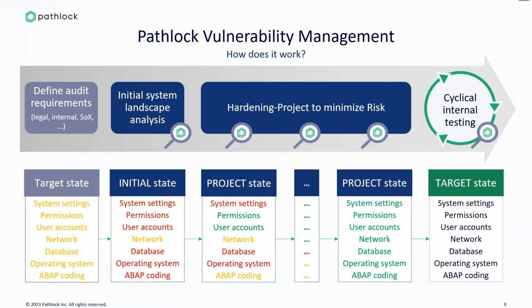Now you have reached the target state. Back to the picture of the office building: now we have the locks on the door, the closed windows, and so on. To achieve the state and to stay continuously on the target state, we make cyclical scans based on our audit requirements.